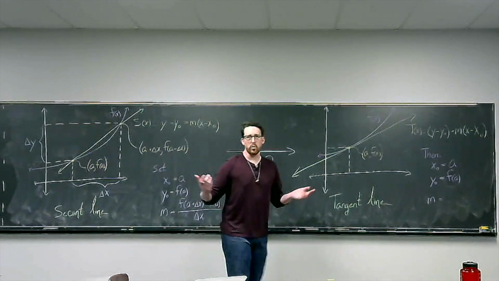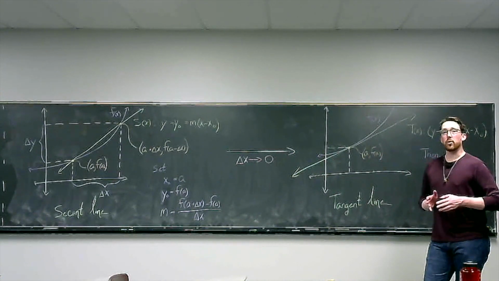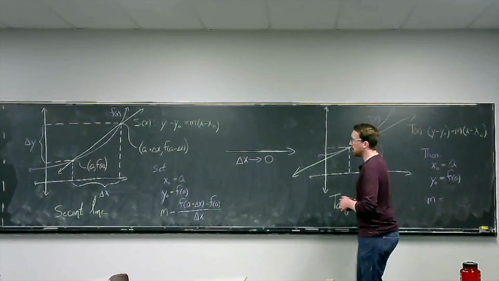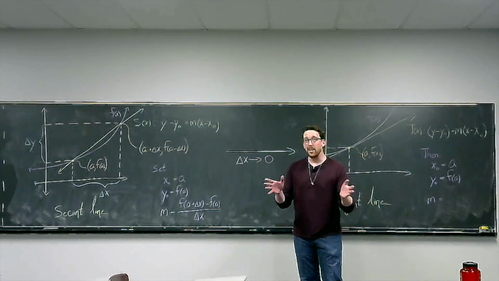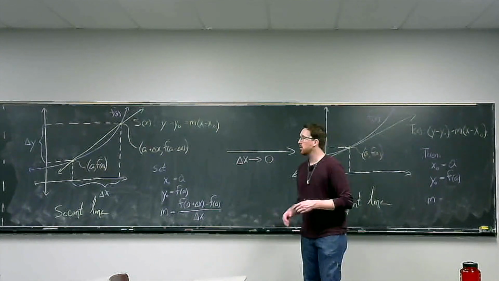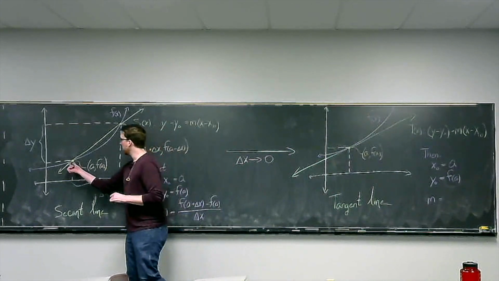There's no reason why we can't do that. We can always just say, hardwire some initial location, call it a, f of a, and then go over some delta x in your x-axis and use that as your second point. So we're anchoring everything to this point.